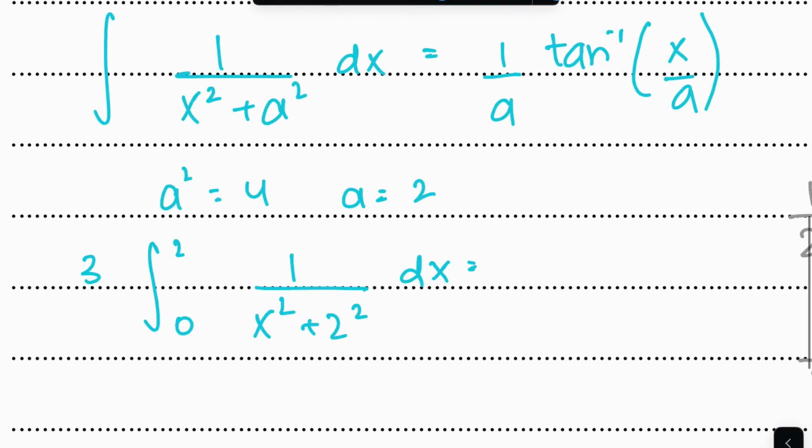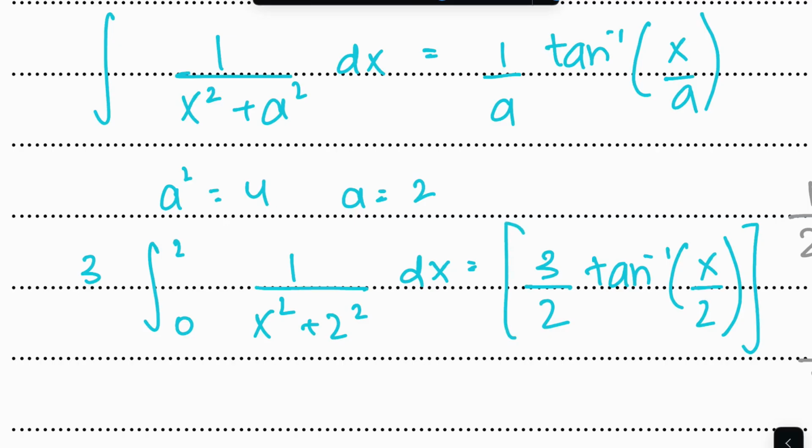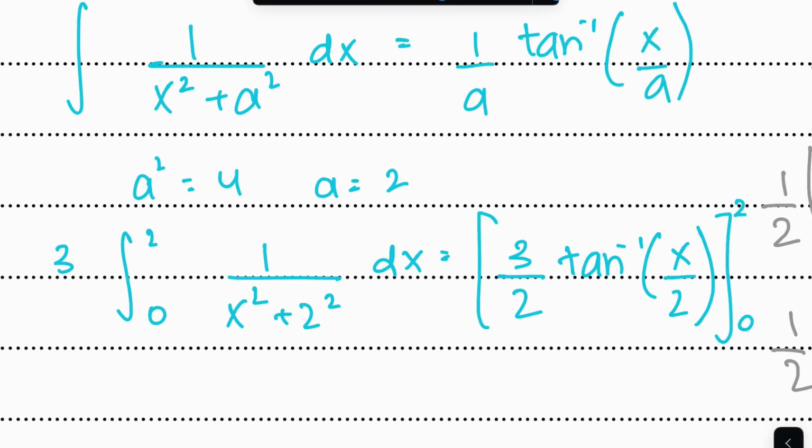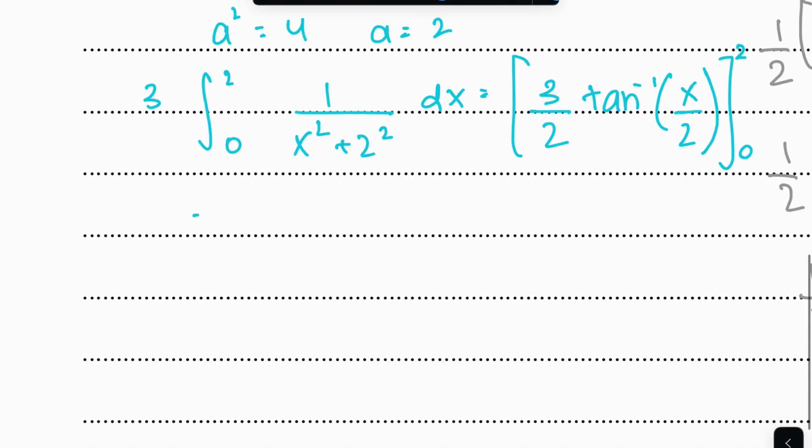So that will equal 3 over 2, because we have a 3 instead of a 1 over here, 3 over 2 tan inverse of x over a, and our a is 2. So now we have this. So let's simplify now.